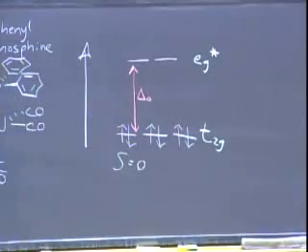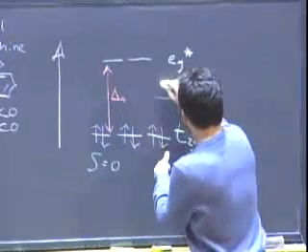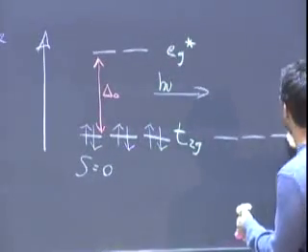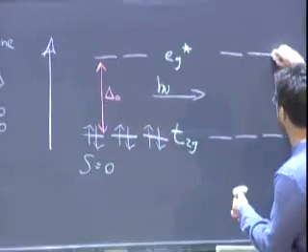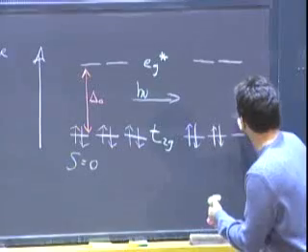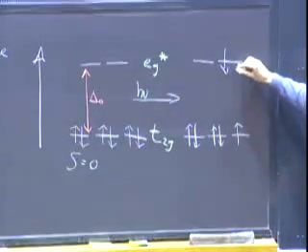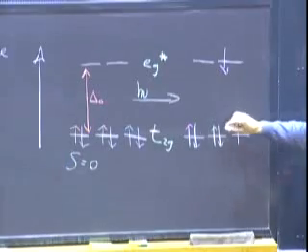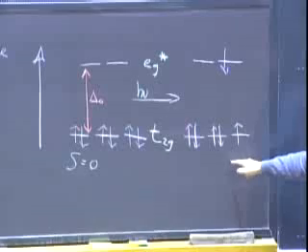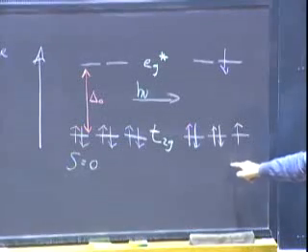And what happens when we add a photon to the system? We can promote the system into an excited state. And in order to satisfy the spin selection rule, this excited state will have no net spin polarization. This one's S equals 0, this one's S equals 0, to satisfy the spin selection rule that we've talked about.